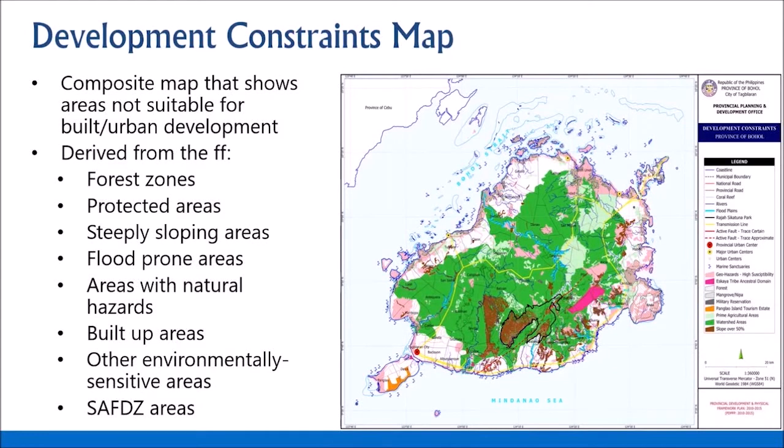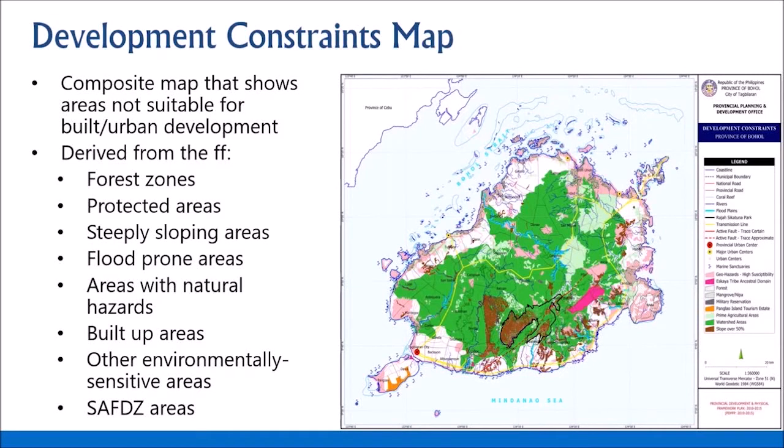An example of an analytical map is your development constraints map. Here we have an example, the province of Bohol. So this is just a composite map that shows areas not suitable for built or urban development.